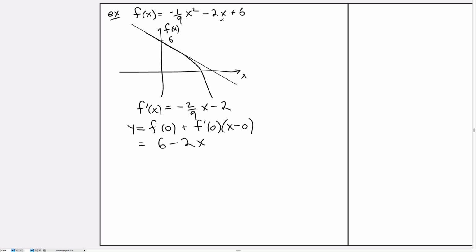That's exactly what we expected, the straight line that we started drawing near the origin. So that is our first tangent line. How do we find the x-intercept, which will be our first approximation to the zero of f? We set this equal to 0. So we take 6 minus 2x, set it equal to 0, and from that we find that x is equal to 3.